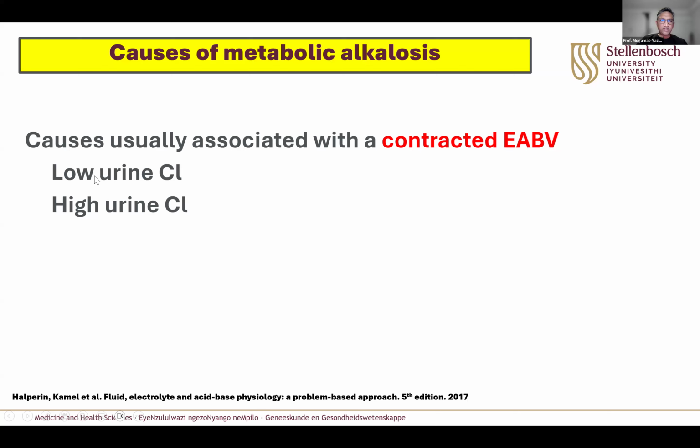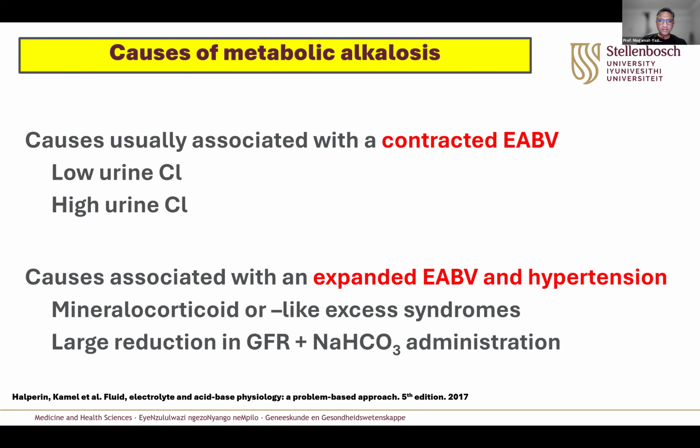Low is generally regarded as less than 25 millimoles per liter, or is it high, higher than 25 millimoles per liter, because there are certain etiologies associated with a contracted ECF volume and a low or high urine chloride.